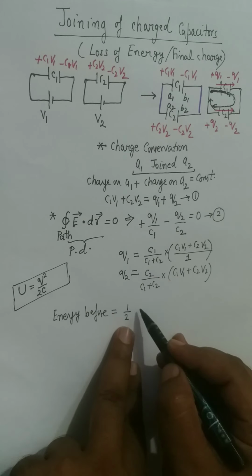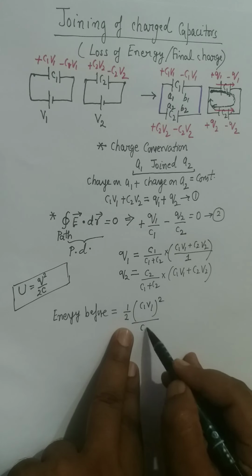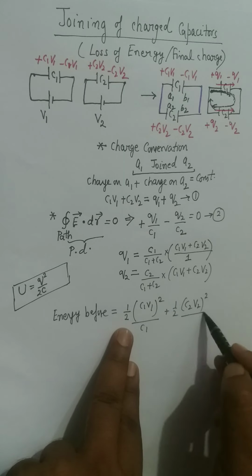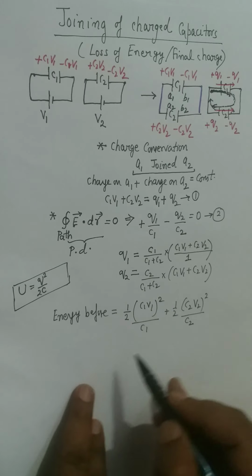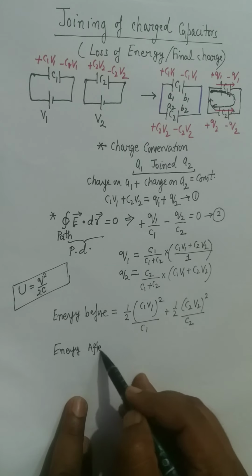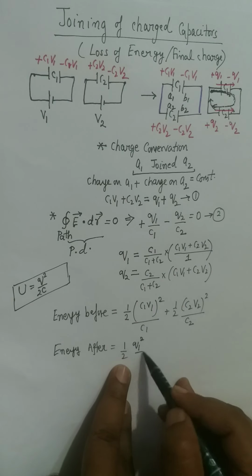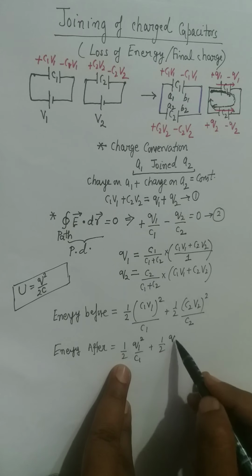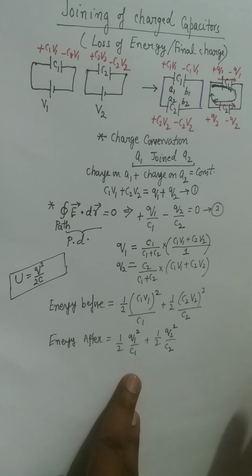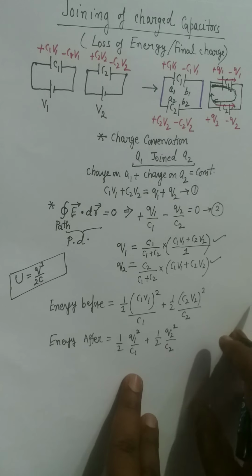So energy before will be half C1 V1 whole square divided by C1, since C1 V1 was the charge on capacitor 1, plus half C2 V2 whole square divided by C2. Whereas if I find energy after, I get half Q1 square divided by C1 plus half Q2 square divided by C2. You need to substitute the values of Q1 and Q2.